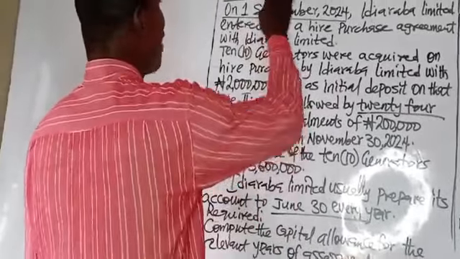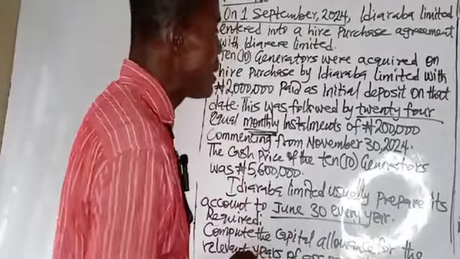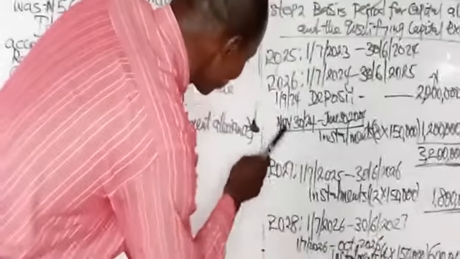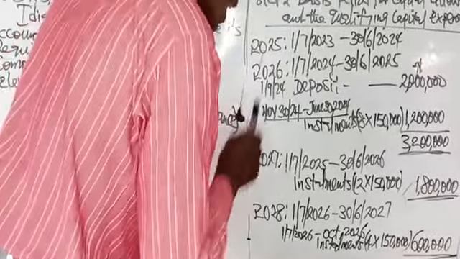So that means you are going to have Idiaraba Limited computation of capital allowance for 2026, 2027, and 2028 years of assessment.